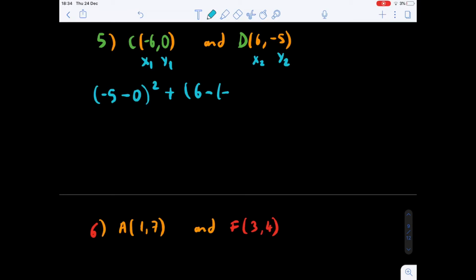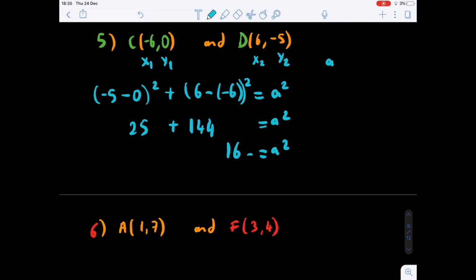So x2 minus x1 is negative 6, squared. I'm going to use another bracket. So equals, I told you the distance between point C and D, let's name it A squared. So A squared equals 25 plus, here is going to be 12 squared, 144 again. A squared equals 169. So A is 13 again.